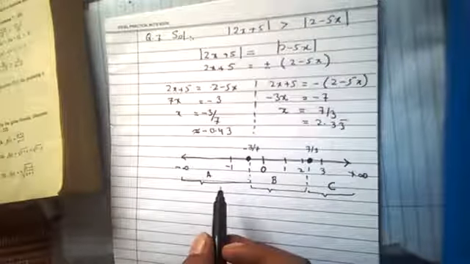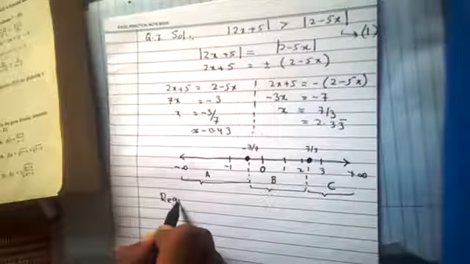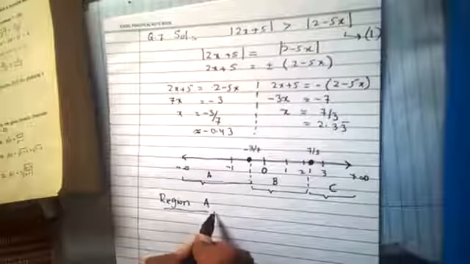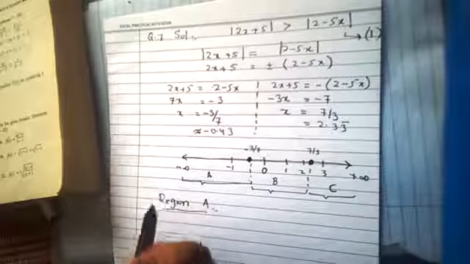Now we will take test points from these regions and put them in our inequality number 1. For region A, we will check if this region should come in the solution or not, and this can be accomplished by taking a test point in this region.